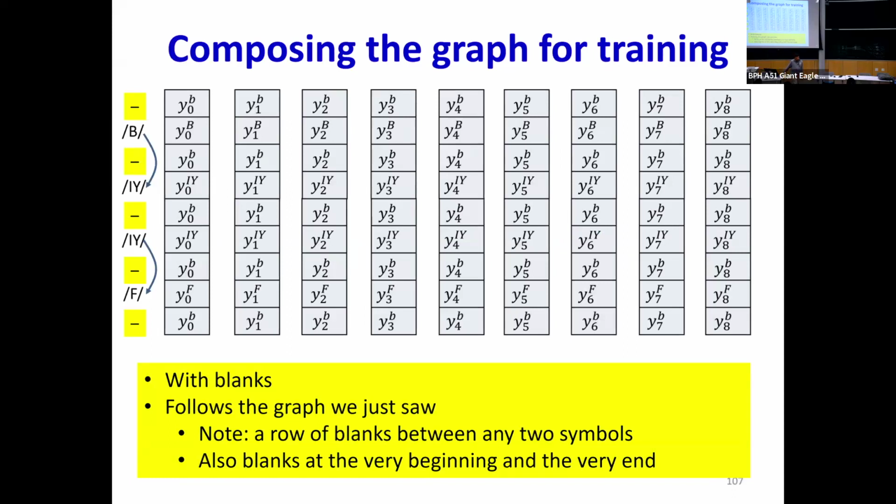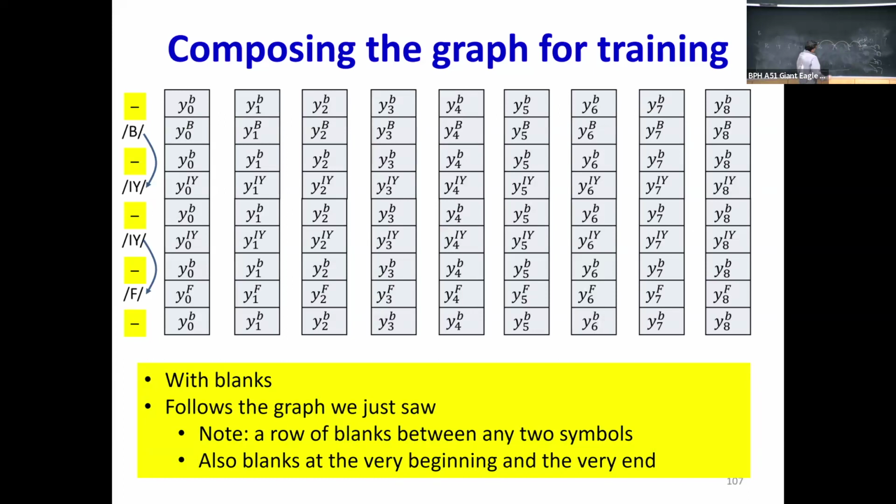So if I have B phi, the graph for this is going to look like B, F, E, F, and E. And I can have a direct connection of this kind.